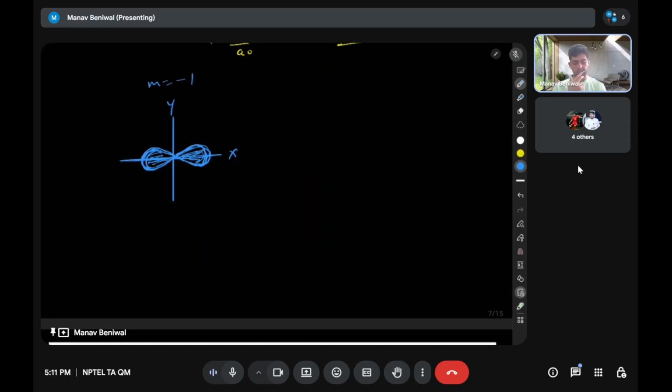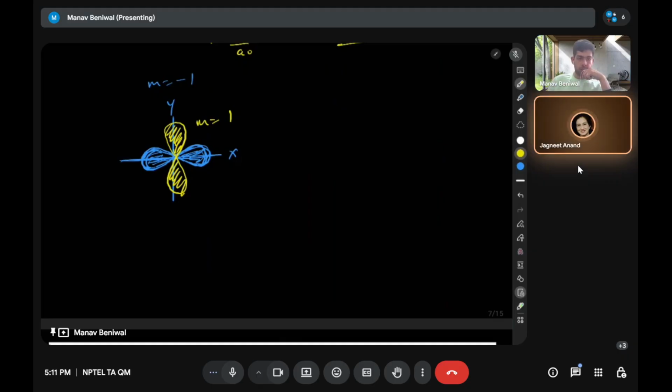Let's say minus 1, that does not matter. Similarly, if it is oriented along your y-axis, it can be oriented like this. Let's say this corresponds to m equals plus 1, and if it is around your z-axis, that can correspond to m equals 0.